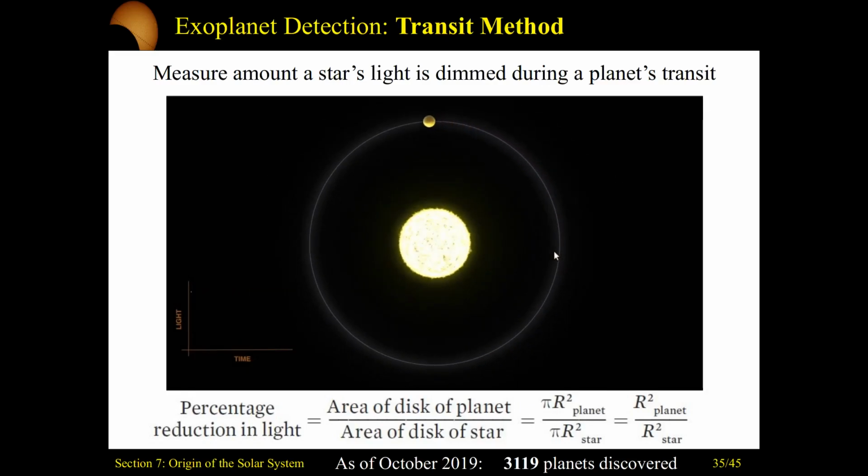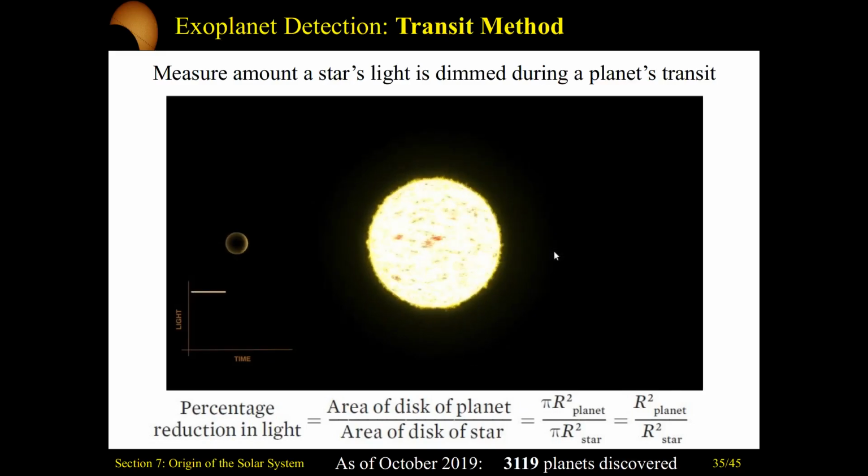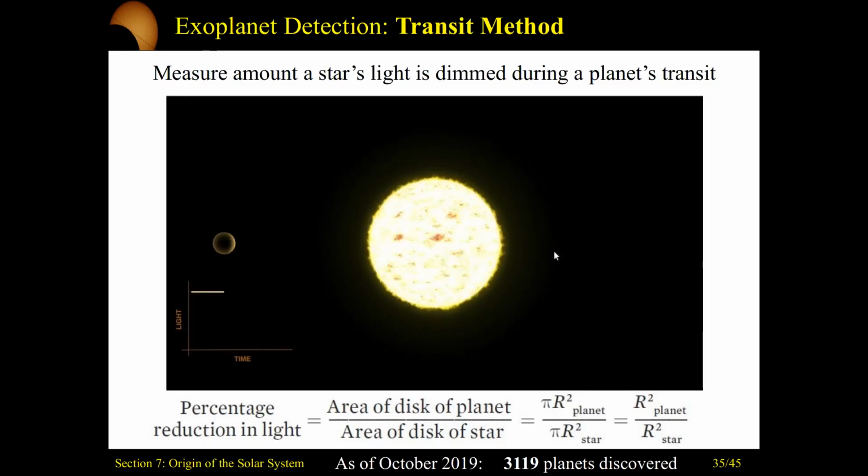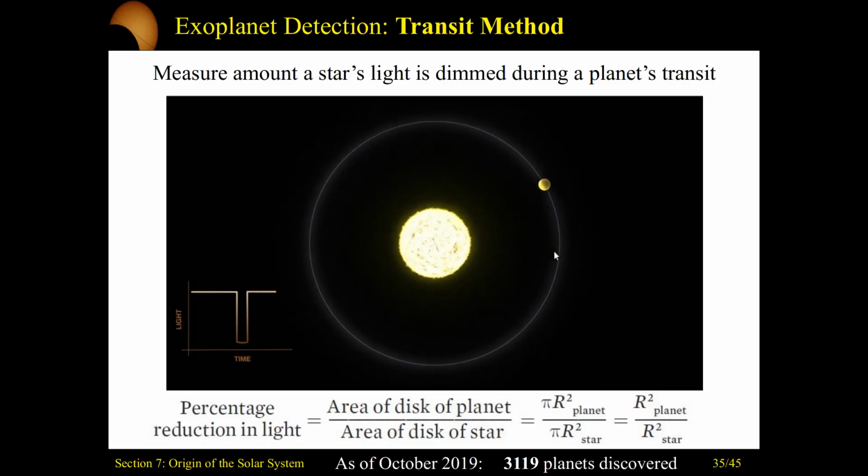We see the star's brightness dips, and we get to find a planet. Some limitations of this method: well, what if the planet's really tiny and we can't distinguish between, say, just gas in our atmosphere versus gas out in the solar system? So this method works best for the biggest planets, the giant planets orbiting a star.